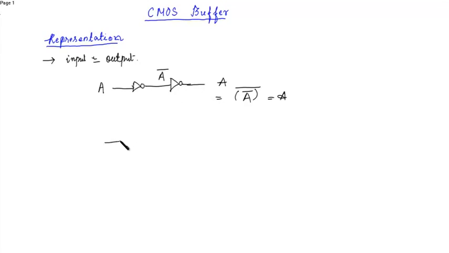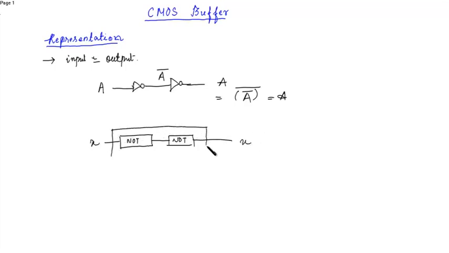So the input goes through two NOT gates, and when it passes through, it gets the same output. Suppose this is input X, you'll get X at the output.